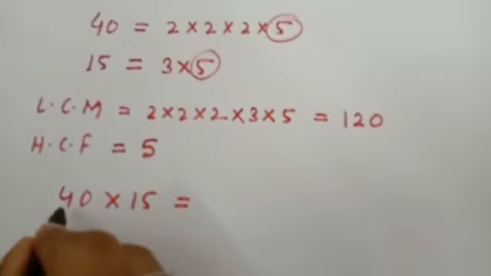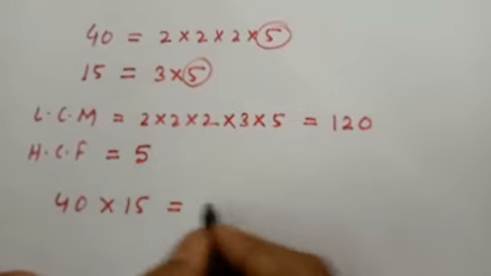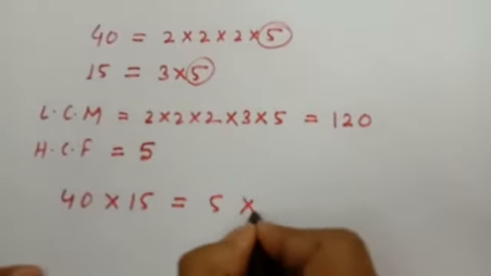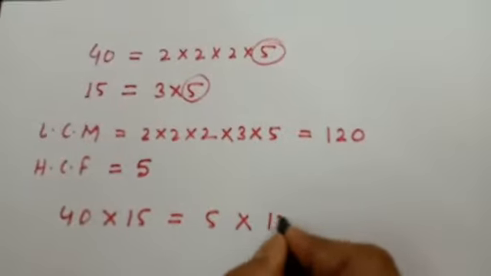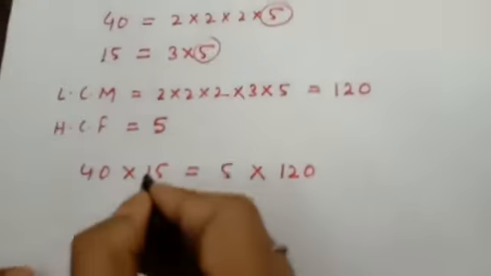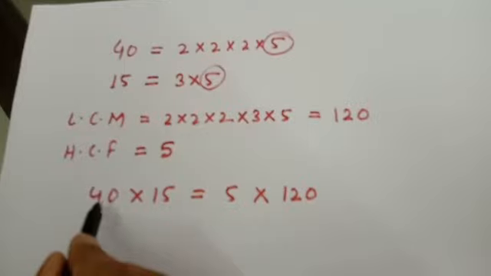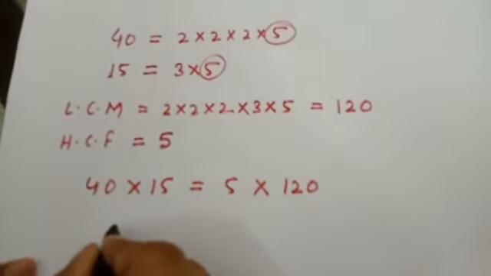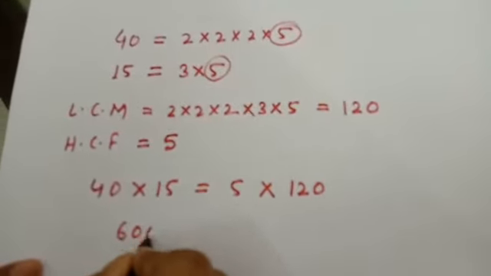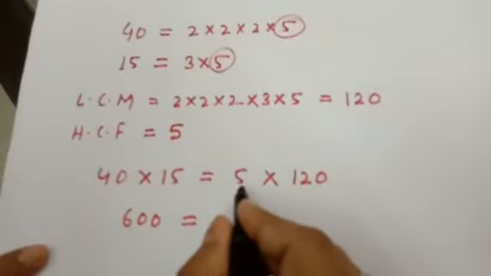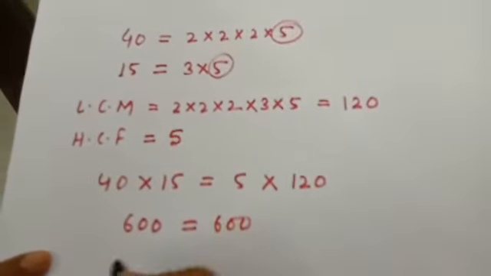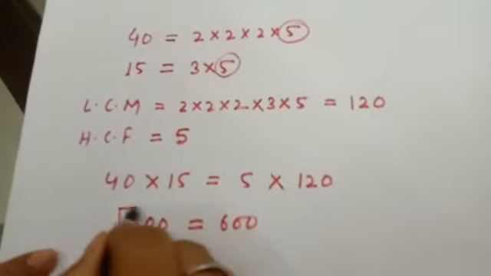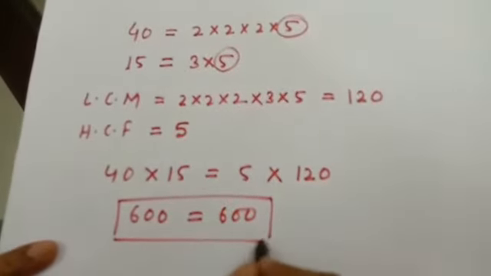Now the HCF of 40 and 15 is 5 and the LCM is 120. Multiply this: 40 15s are 600 and 5 into 120 is again 600. So the relationship is verified.